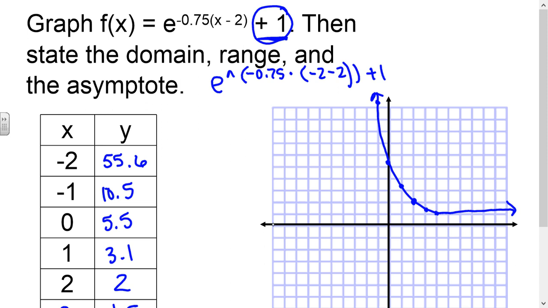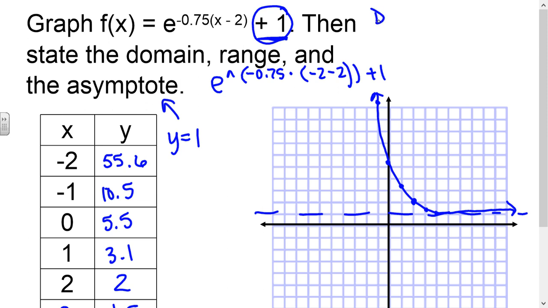So right here, since it flattens out at y equals 1, that is going to be my asymptote, y equals 1, because I moved the graph up 1, so it's not going to flatten out at 0, it's going to flatten out at 1. And if you're not sure, then just keep plugging in numbers and you'll be able to tell where it flattens out naturally.